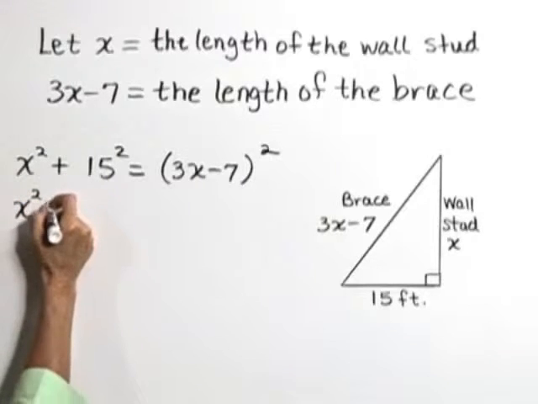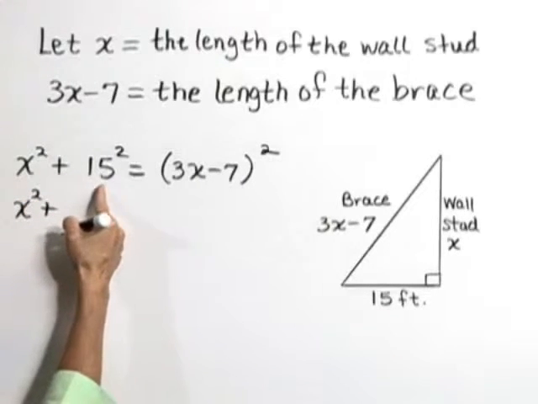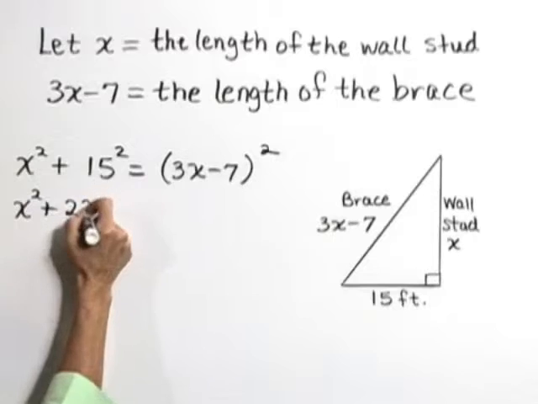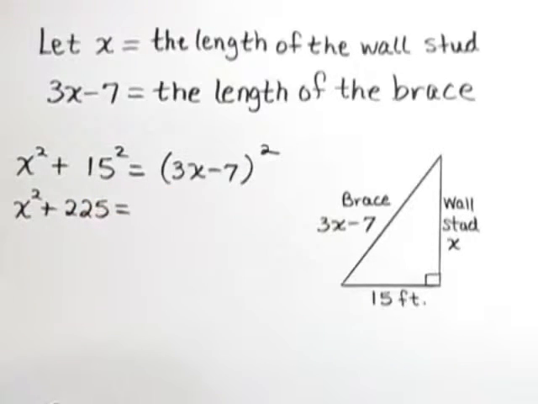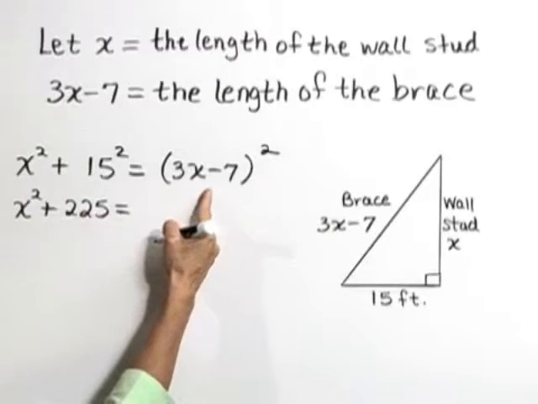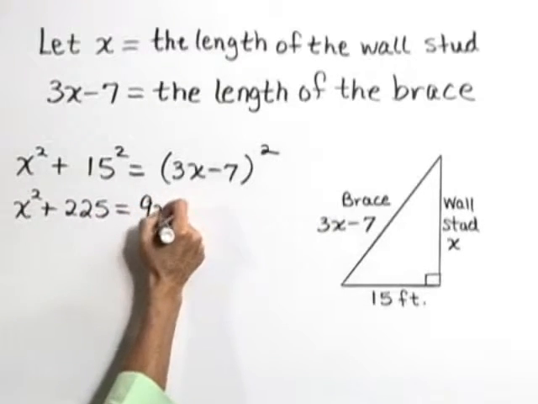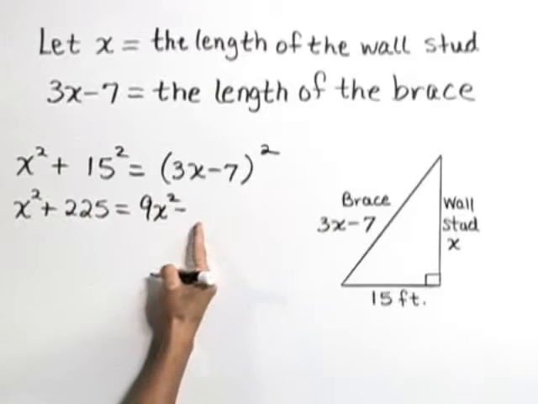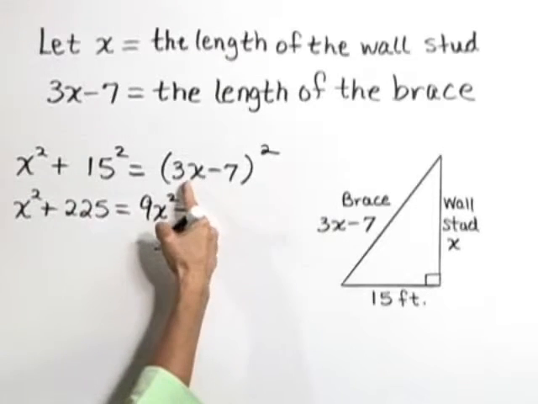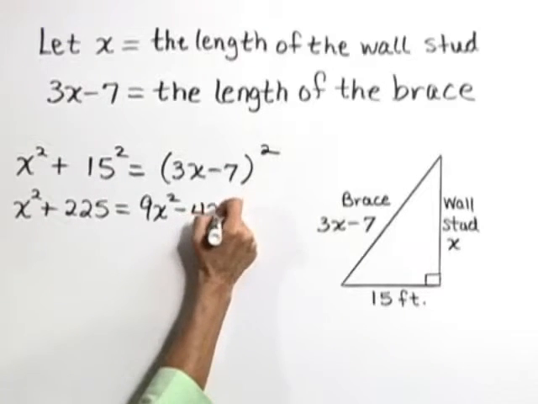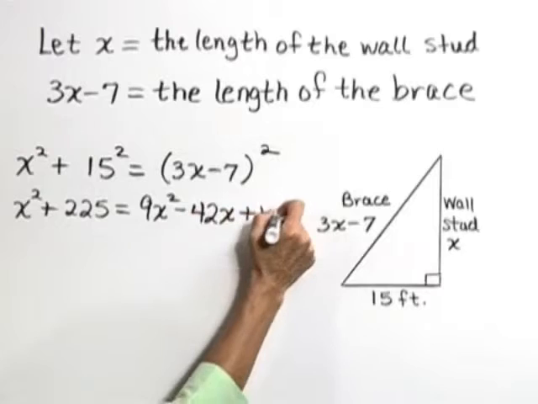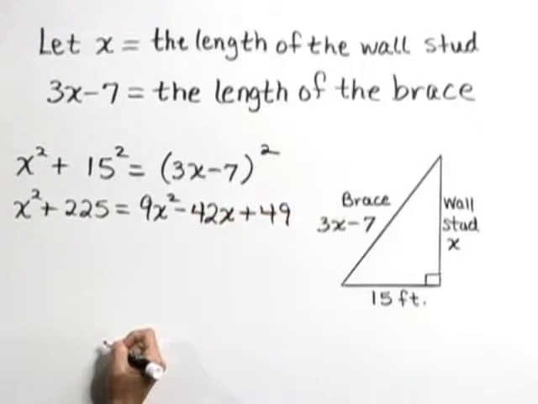On the left-hand side, we've got x squared plus 15 times 15 is 225. On the right side, foiling or squaring this binomial, we get 9x squared minus 2 of the products, 3x times 7. That's a minus 42x and plus 49.